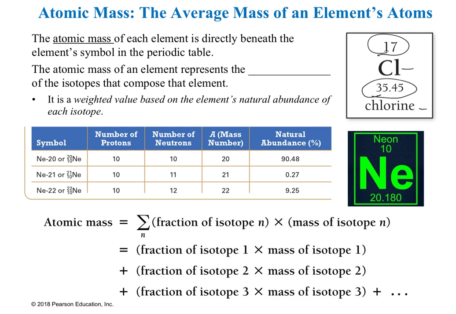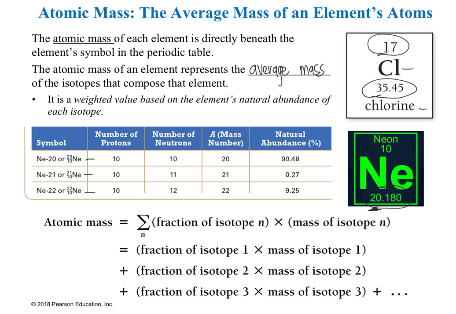This is actually called the atomic mass, not the mass number, and it is the average mass of all of the isotopes that exist for that element. So it's a weighted average for that element's mass. If I have these 3 isotopes of neon, 20, 21, and 22, the number that's reported for neon is closer to 20.